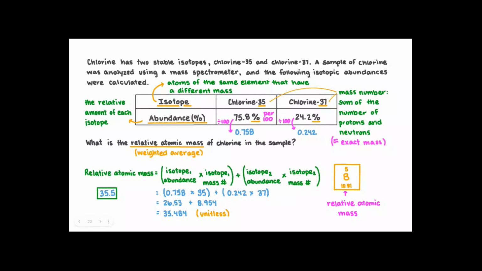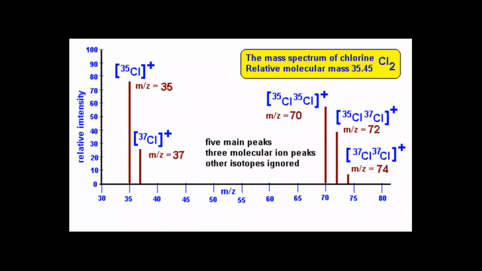So this calculation is given here. It's important you can do these calculations because they're fairly straightforward, and they can be worked out using a mass spectrometer.